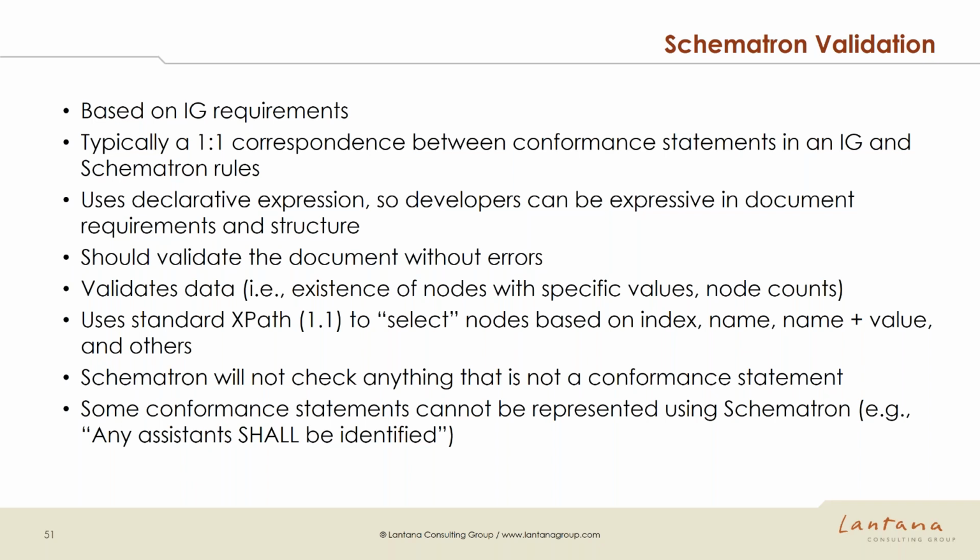Well, as a recipient of this document, we were trying to validate that. You really have no idea what assistants were present in the operating room when that procedure was performed. So the schema can't see if that's actually correct, that you've really identified all the assistants that were present. So again, those types of real-world checks cannot be done using Schematron. Those are rules that you just have to follow as a document author. Next slide.